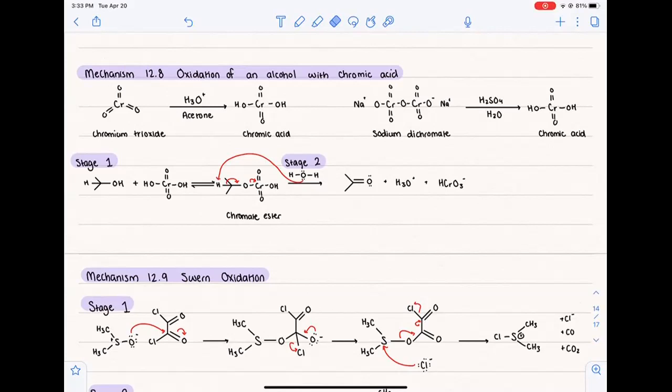But pretty much what's happening, first couple stages, we're just making our chromic acid. This is what I was saying, how there's two different ways to make the chromic acid. We can use chromium trioxide and then also sodium dichromate.